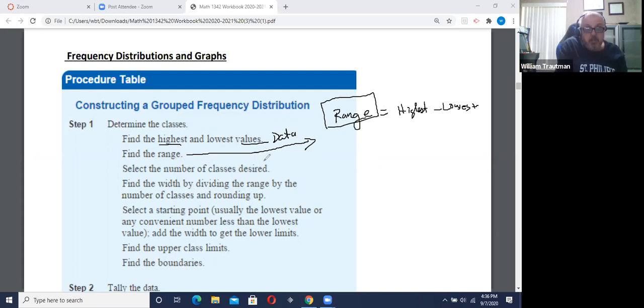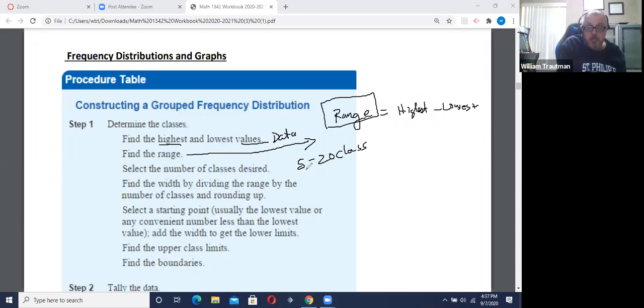Select the number of classes desired. Remember it said 5 through 20 classes. So you have to select what you want. Usually on a homework or a test or a quiz, they tell you we want a certain amount of classes, 6 classes, 7 classes. So if they tell you, that's great.